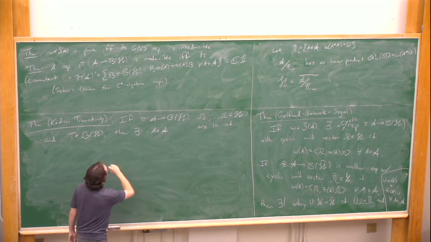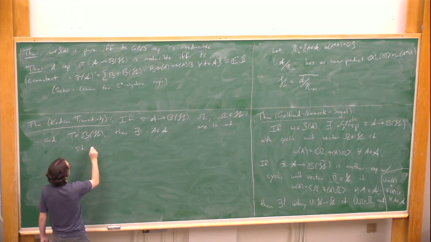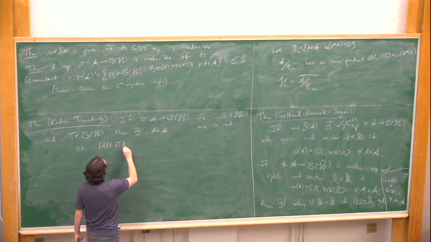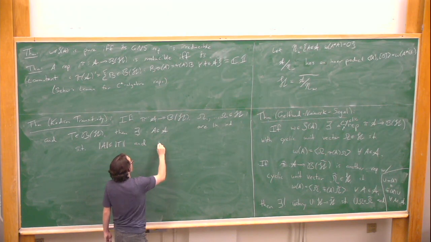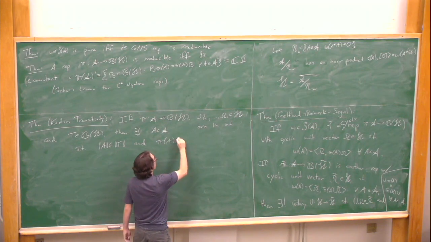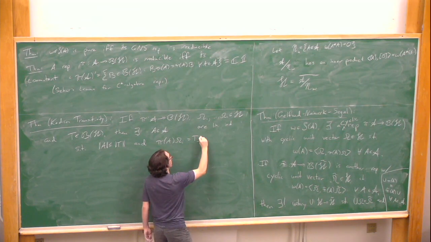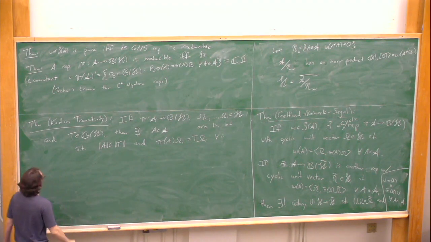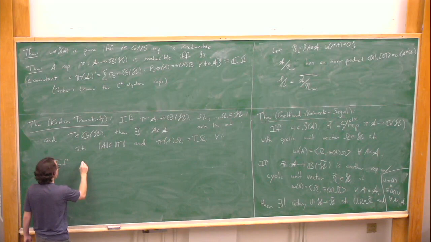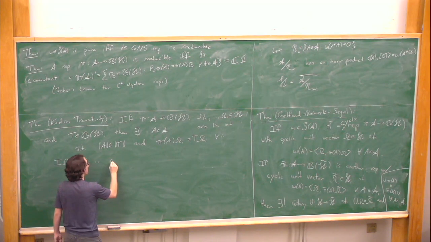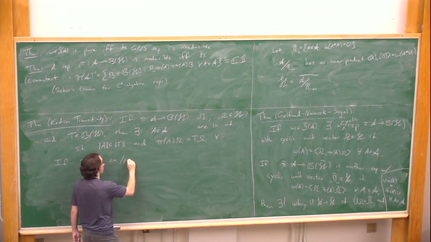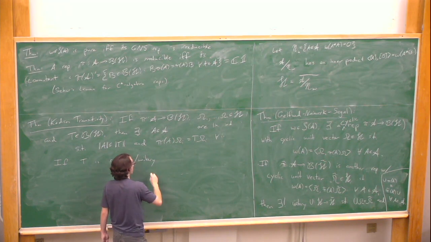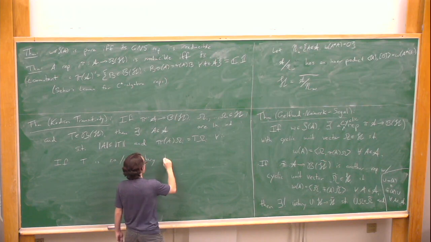And actually the norm of A is bounded by the norm of T, and pi of A omega i is equal to T omega i for all i. And if this T is self-adjoint, positive, or unitary, then you can choose A to be self-adjoint, positive, or unitary.